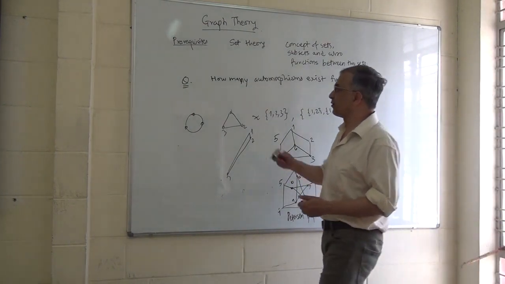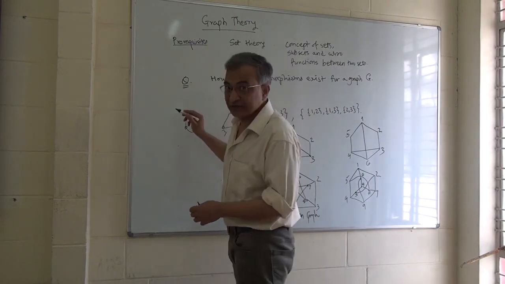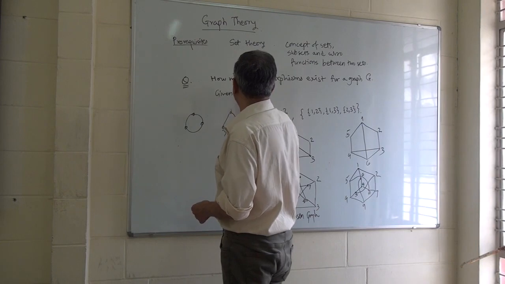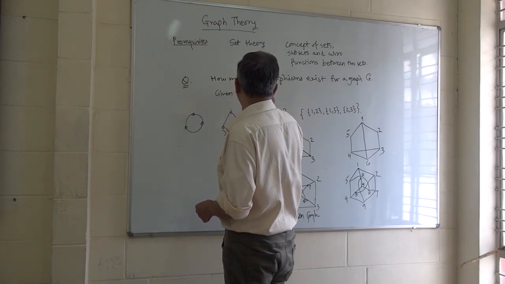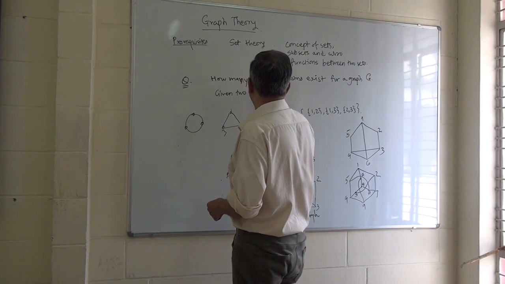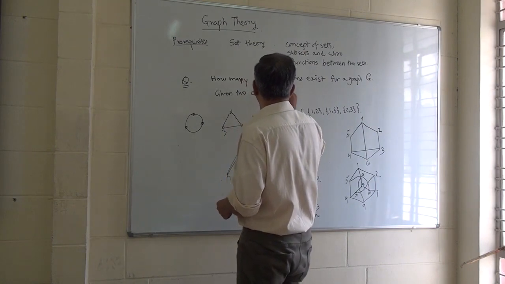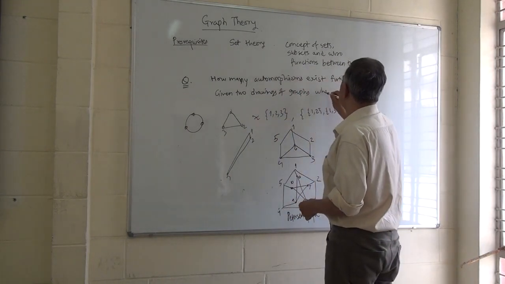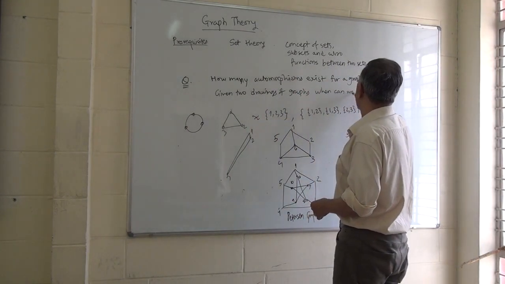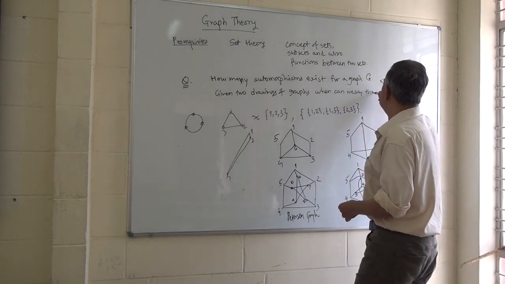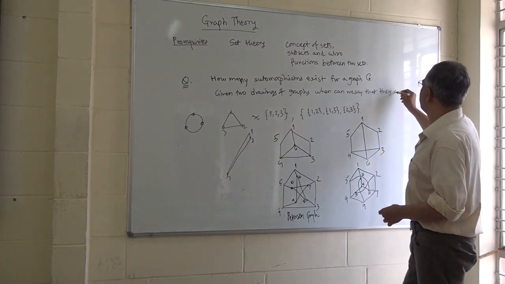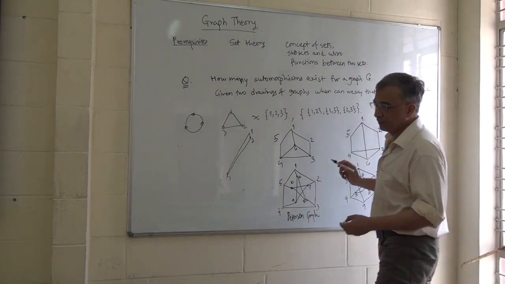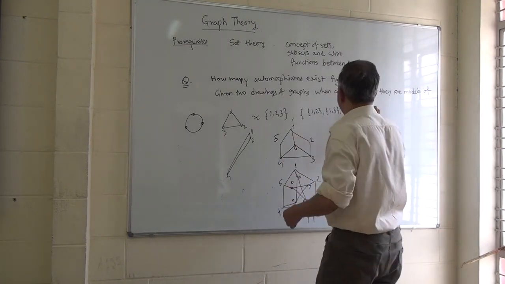Or another variation of that question would be: given two graphs, given two models or two drawings of a graph, when can we say that they are models of the same graph? There are distinct models of the same graph.